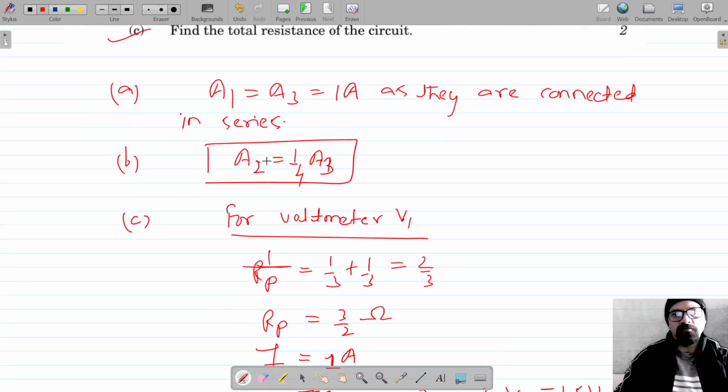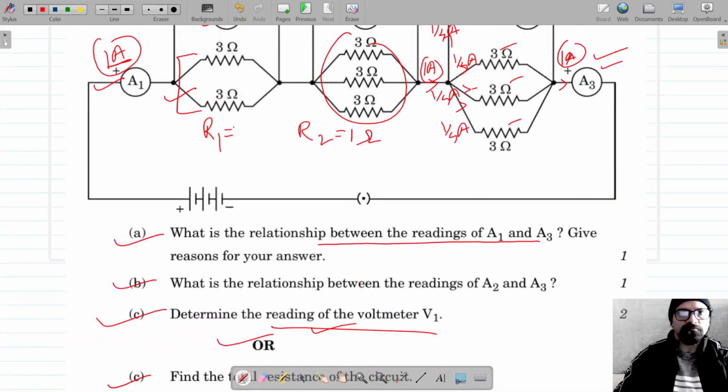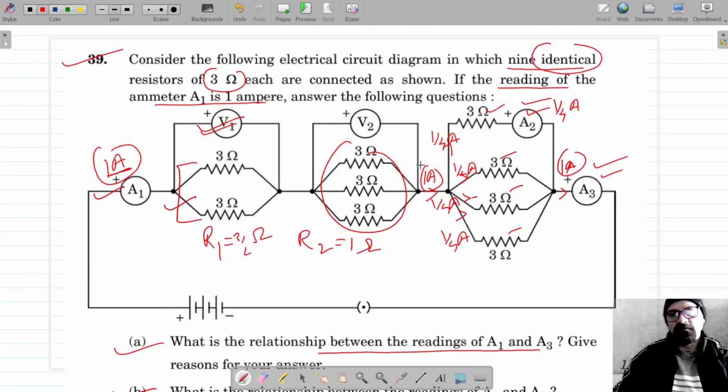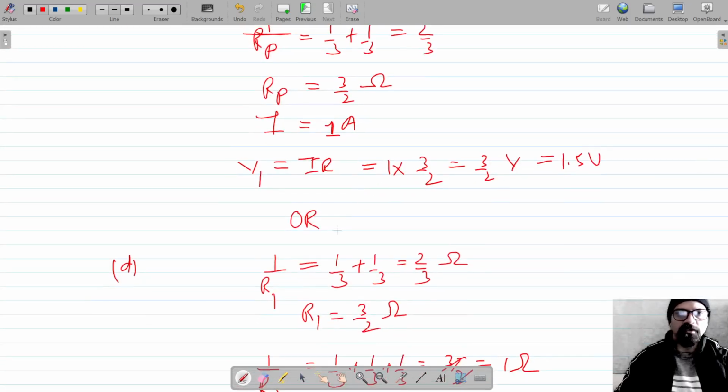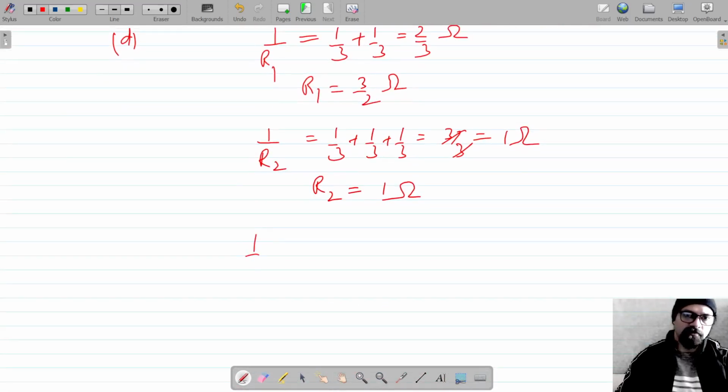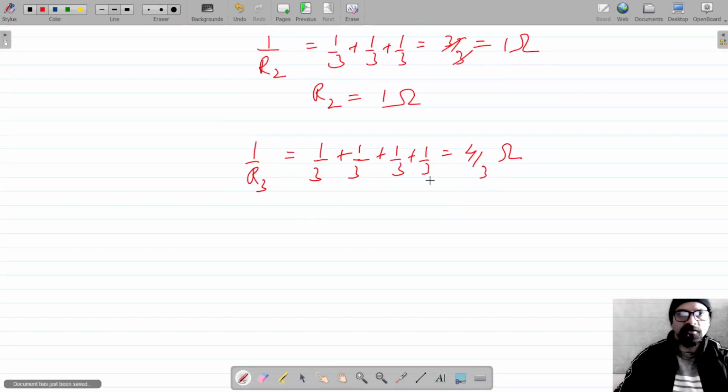This has come out to be 3 by 2 ohm, and these are four identical resistors connected in parallel. Let me consider their net resistance as R3. So 1 upon R3 is equal to 1 upon 3 plus 1 upon 3 plus 1 upon 3 plus 1 upon 3, which is 4 by 3. But this is not the resistance R3; R3 should be the reciprocal of this, which is 3 by 4 ohm.